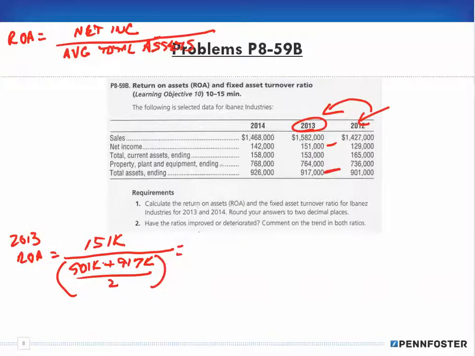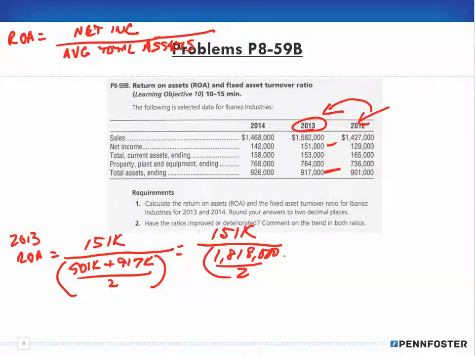And when I do the math, 901 plus 917 is 1,818.